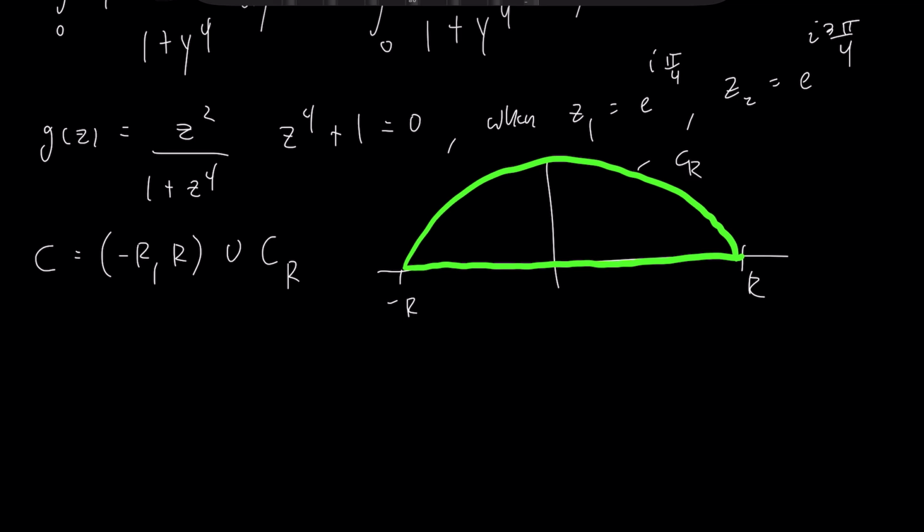So this will be CR, and this is the contour. And like I said, there would be 4 singularities, but only 2 are enclosed in this contour, so we don't have to worry about these 2, but we do have to worry about these 2. This will be our z1 and our z2, and it makes an angle of pi over 4.